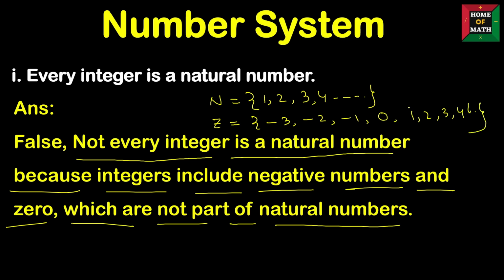So 1 to 4 or 1 to infinity is the natural numbers. So this statement is false. Every integer is not a natural number.